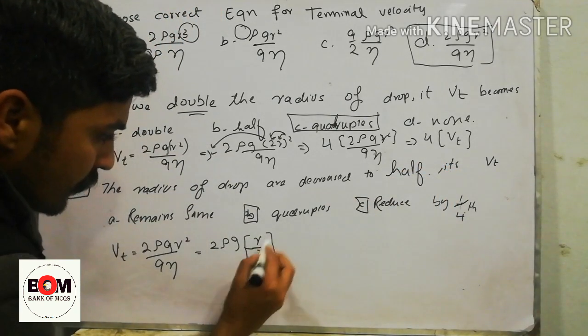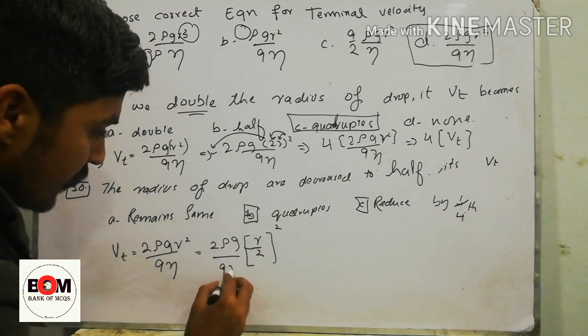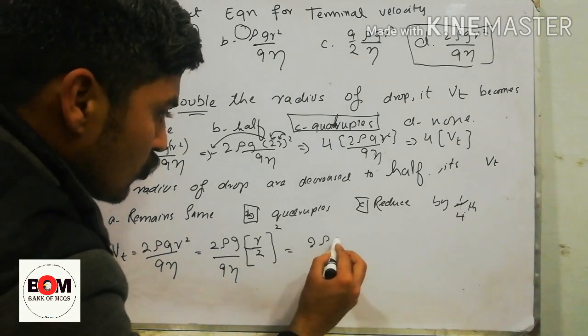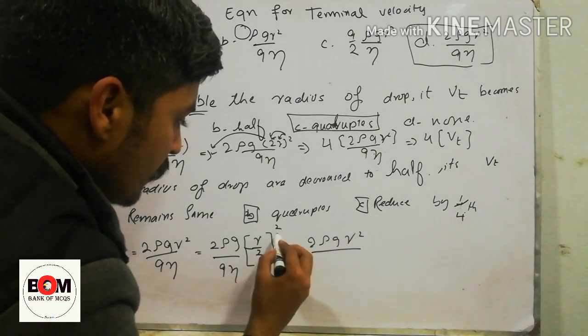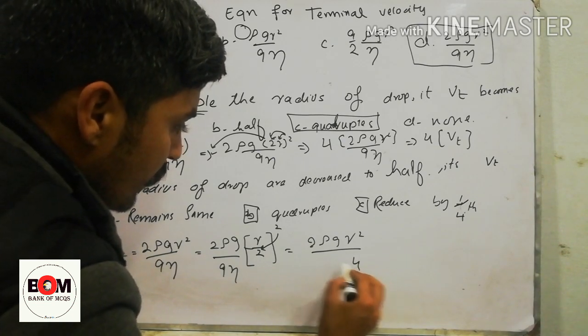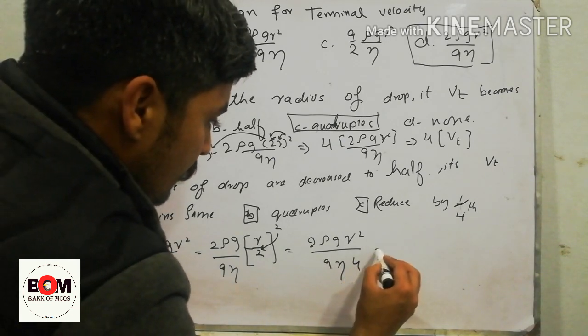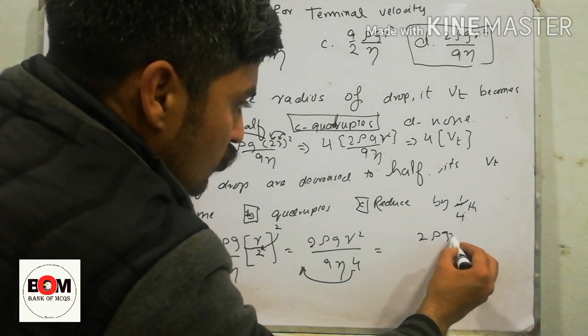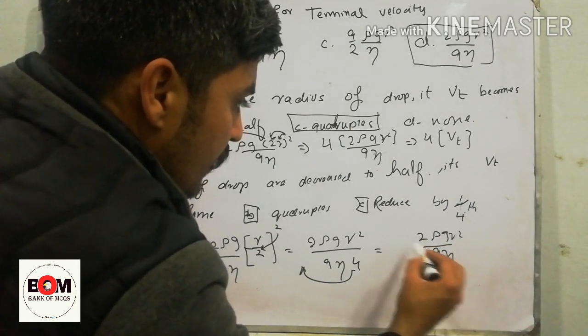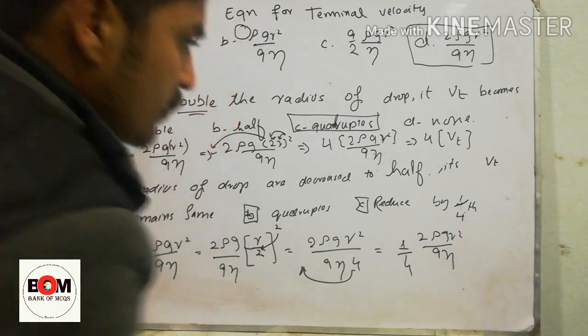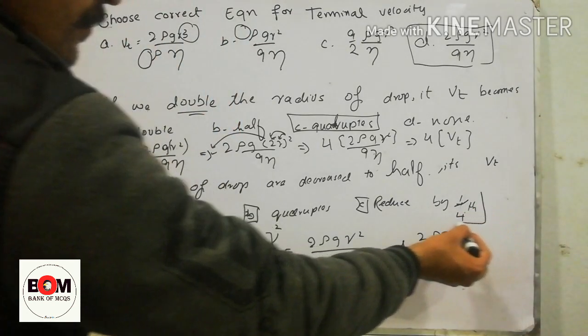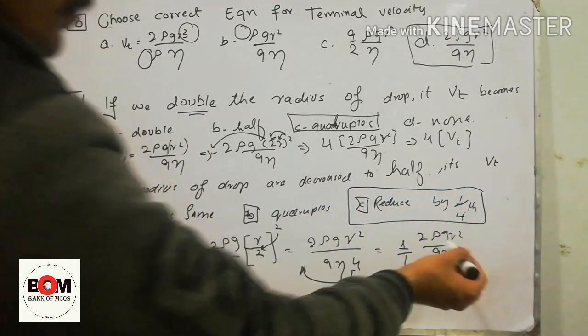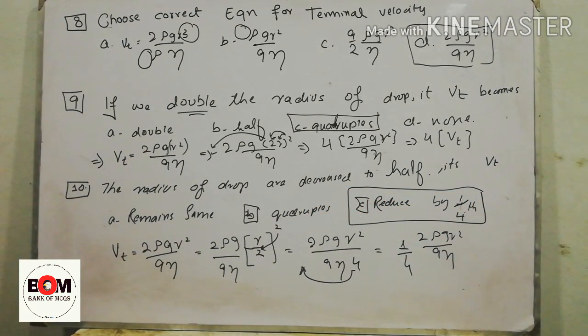So (r/2)² divided by 9η. So 2ρgr² by 4 times 9η. Writing 1/4 in front, 2ρgr² divided by 9η times 1/4. So option C is correct. Whenever we reduce the radius to half, the terminal velocity reduces to 1/4.